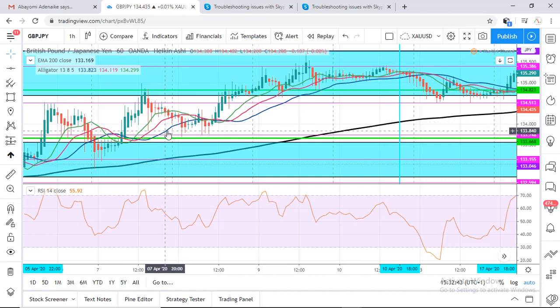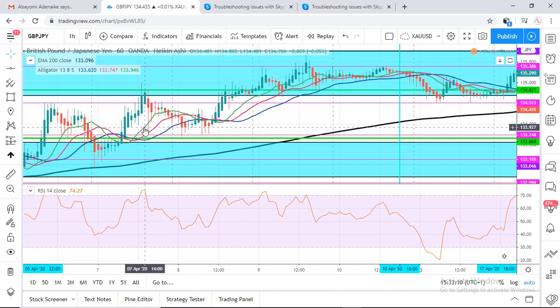And we have the blue, which is an exponential moving average of 13. What we want is a way that we can enter early and exit early. We have to do several confirmations to know we are good. This indicator is very reliable.